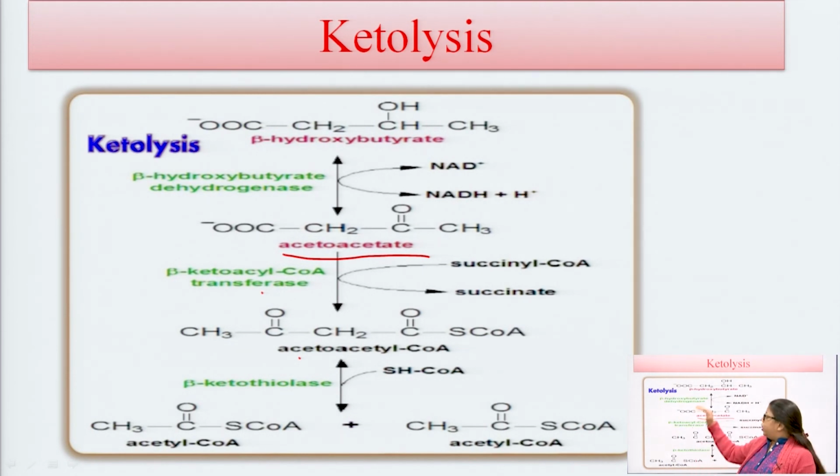Whenever acetone is present in the body, it is removed by respiration. So, beta hydroxybutyrate and acetoacetate are utilized for the formation of acetyl coenzyme A. This is the overall reaction of ketolysis.